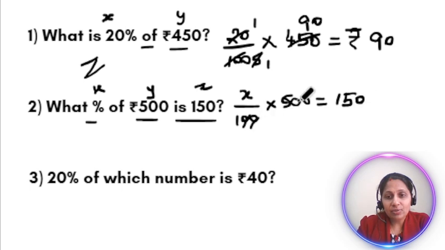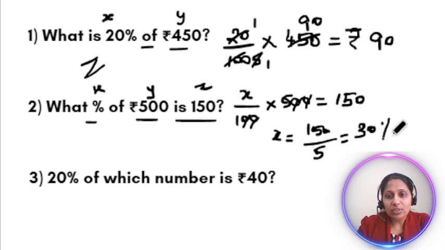Cancel out the two zeros, and if 5 comes to the other side, then X equals 150 by 5, which is 30. So 30% is our answer. 30% of 500 rupees is 150 rupees. In this problem, we are asked to find your X.